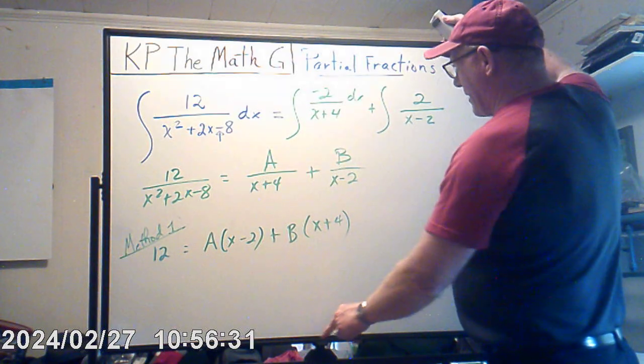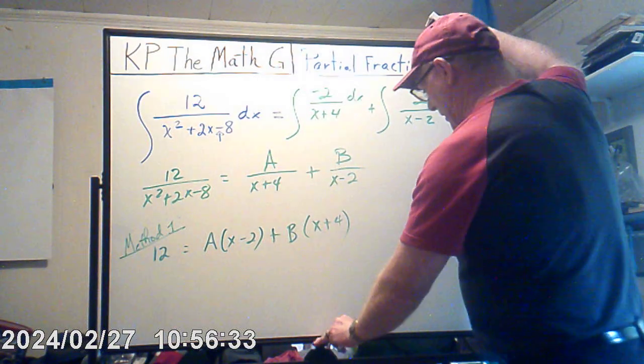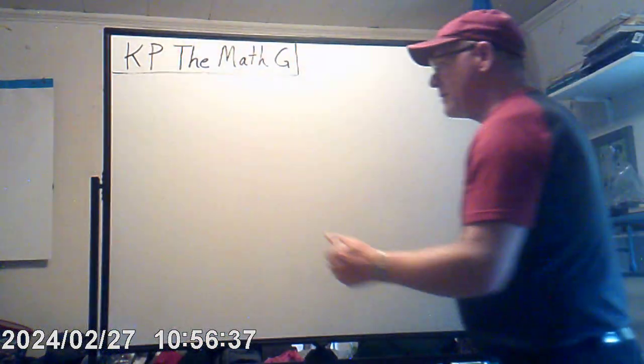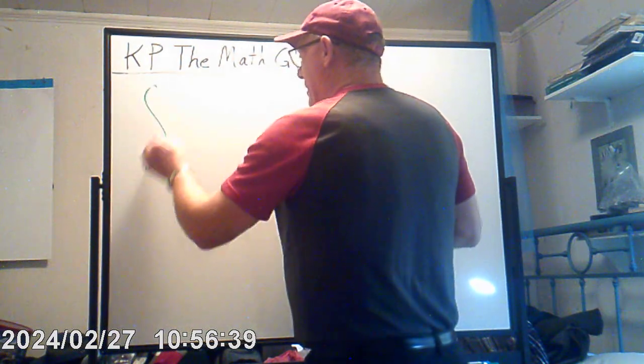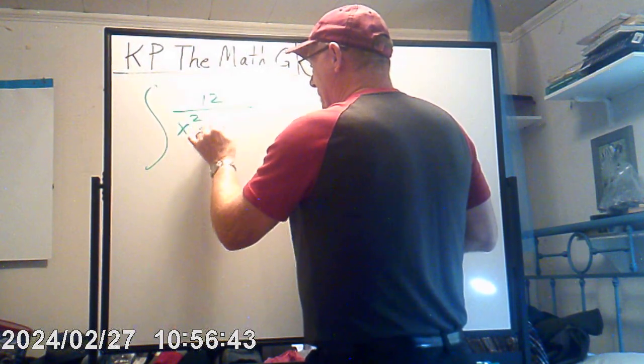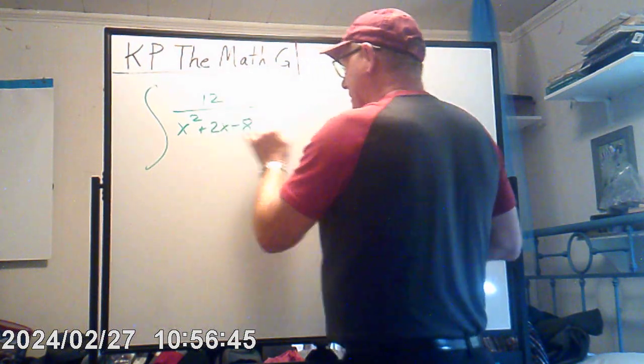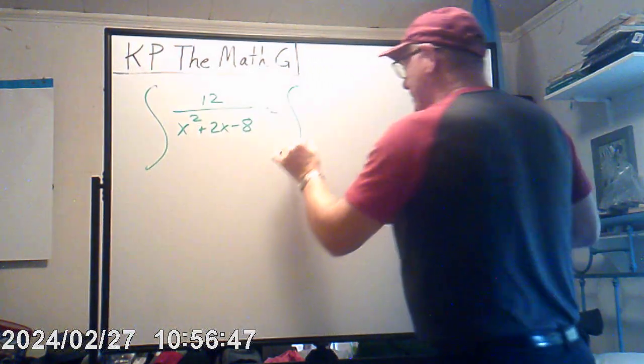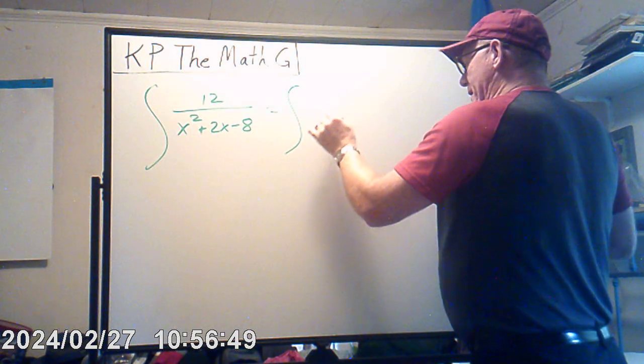Negative 2 over x plus 4, 2 over x minus 2. So we're integrating 12 over x squared plus 2x minus 8. And what was the A?